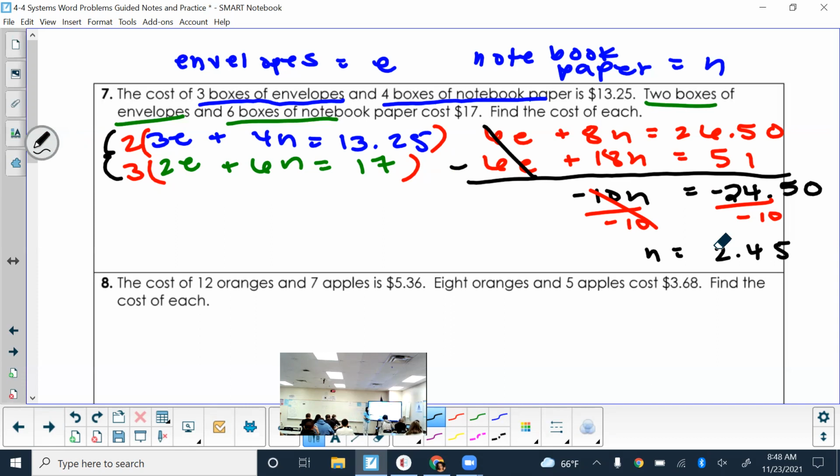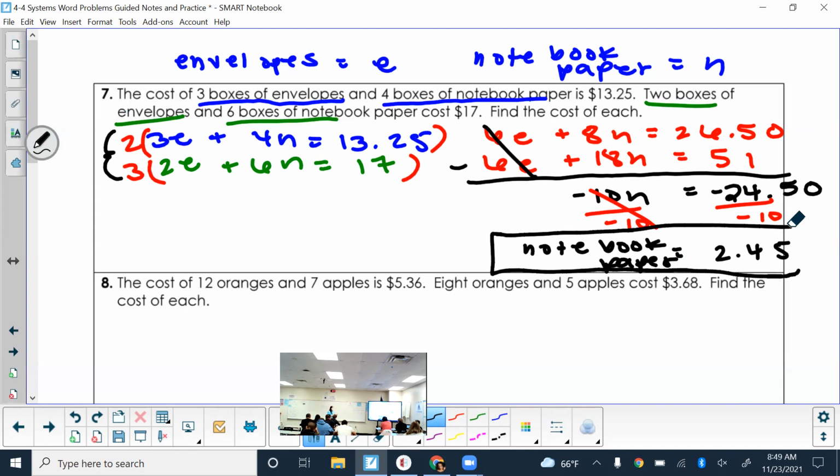All right. And what did the n represent? Notebook paper costs, right? So if you want to write that out, this is the cost for notebook paper. So if this was like a multiple choice test and it just wanted to know the cost of the notebook paper, then I would be finished.